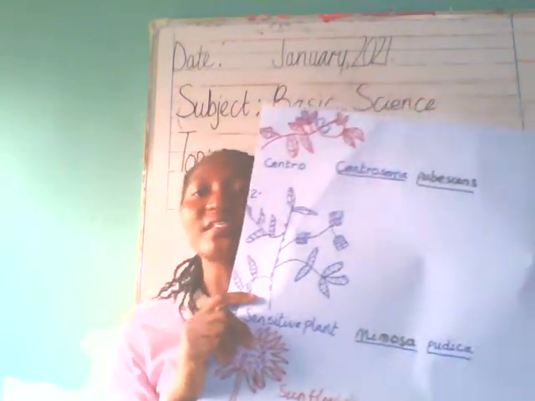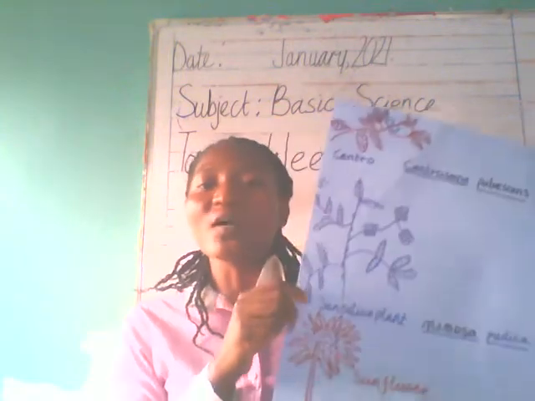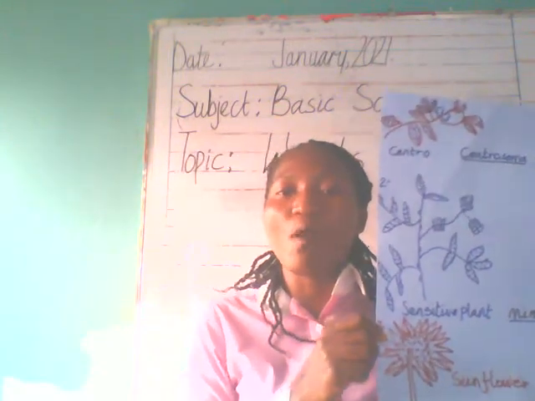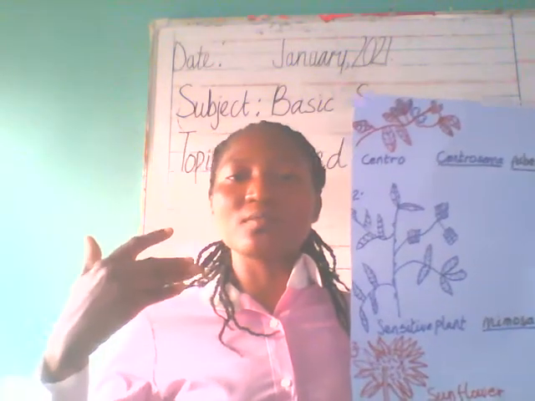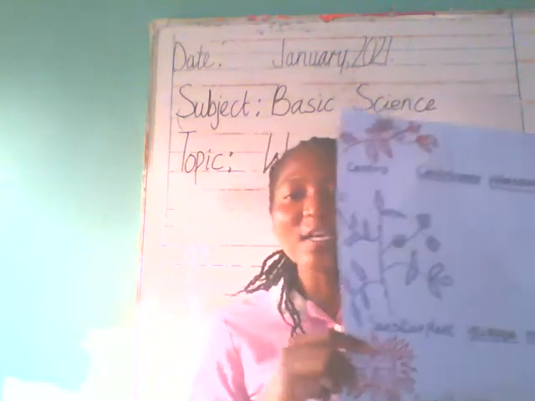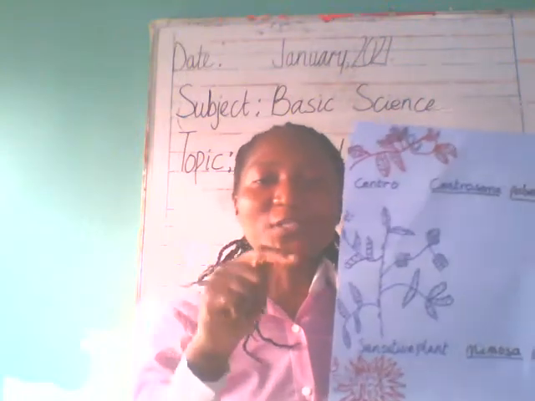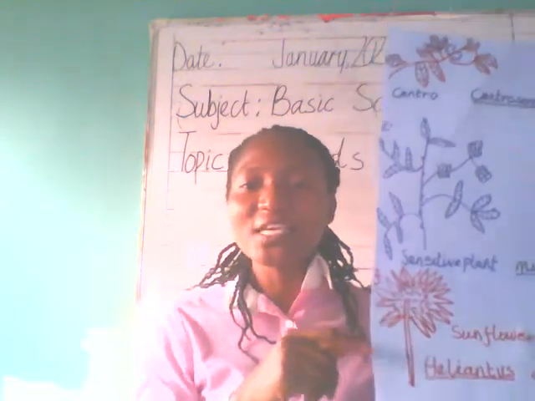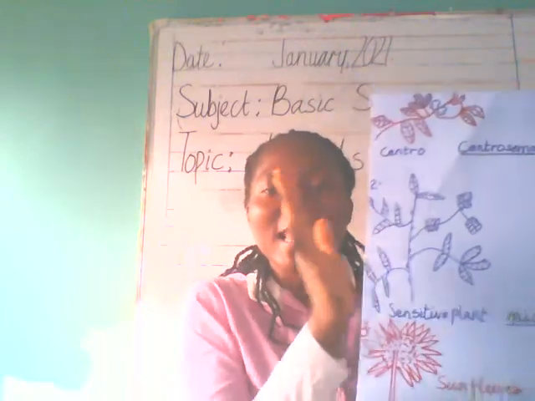Number 2 is sensitive plant. Most of you must have seen it when you are walking by the way. Most people call it touch and die. When you touch the plant, what will it do? It will close its leaves.